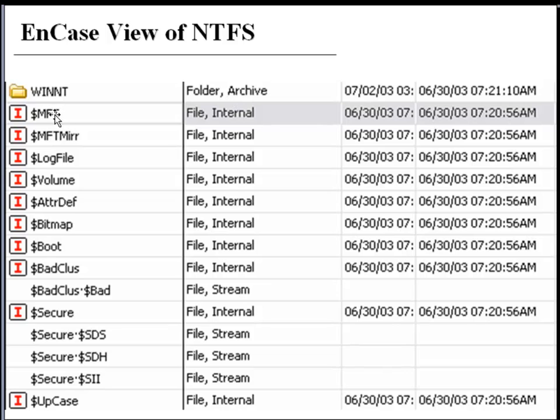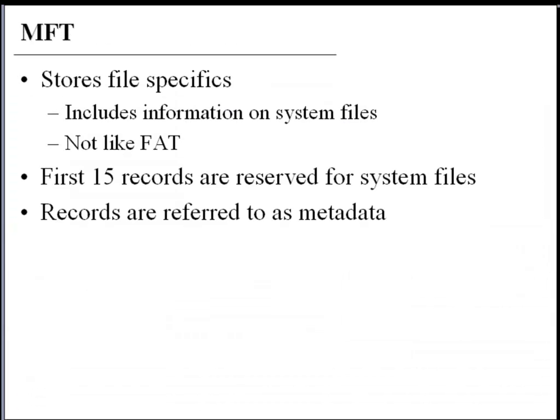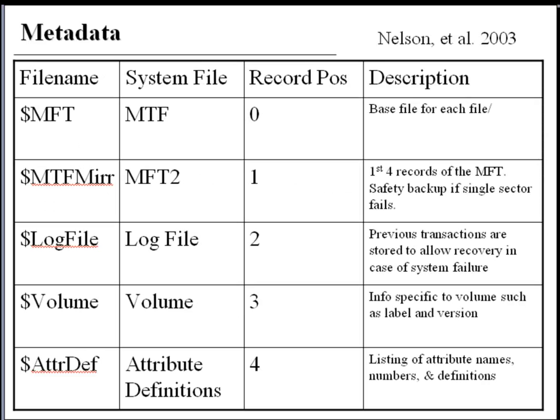So the master file table will actually have records for each of these system files in here. Interestingly, the master file table also has an entry for itself, as we'll see shortly. And the records are referred to as metadata, and we'll see that each record holds a lot of metadata.